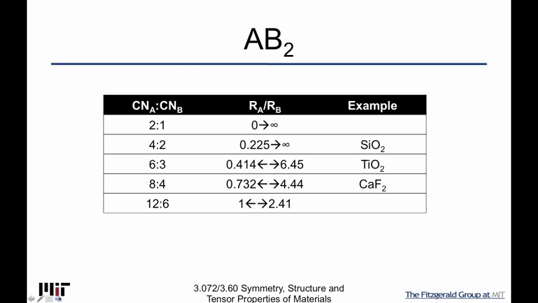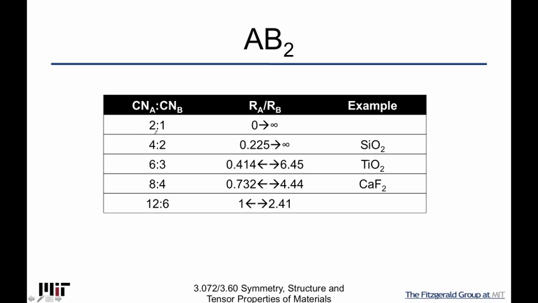So now if we go to an AB2 compound, we have twice as many B atoms as A atoms, right? And that means that the coordination around A has to be much higher. There are more B's, so A has to be bonded to more B's. And you see that here.